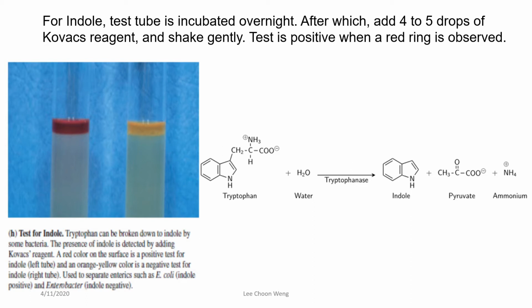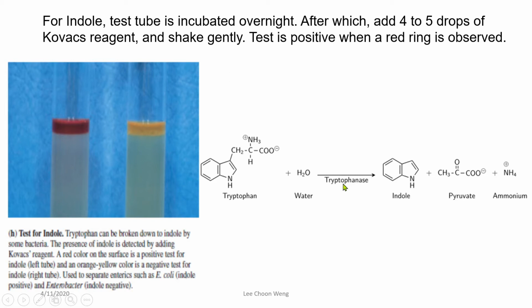For indole, we use tryptophan broth, and we inoculate this tryptophan broth with the bacteria. So we are looking for bacteria that can break down tryptophan into indole. The bacteria essentially has the tryptophanase enzyme.